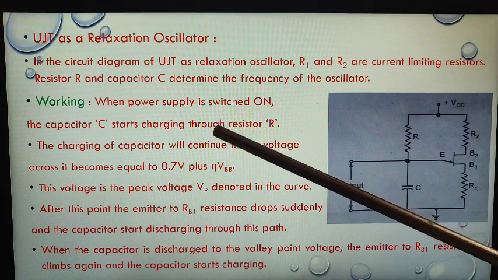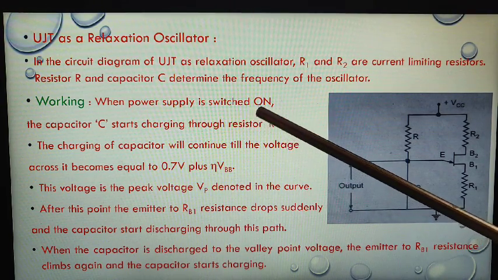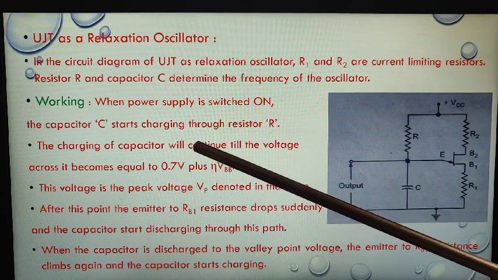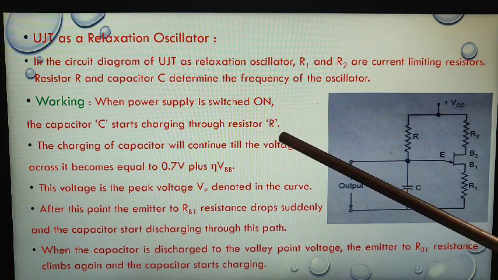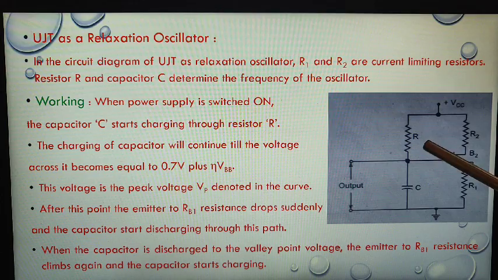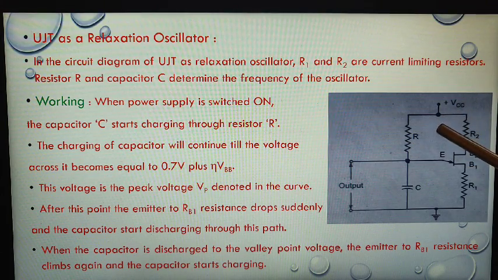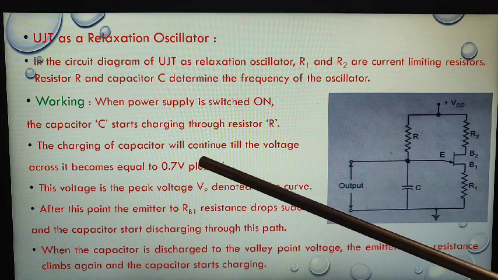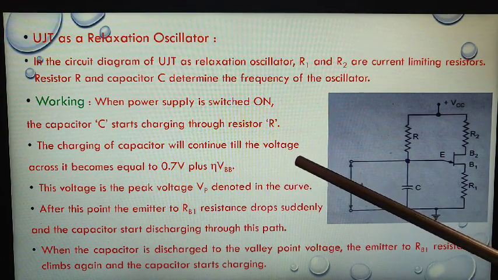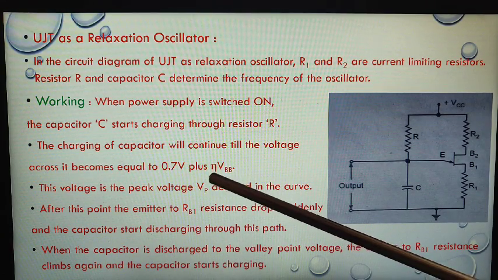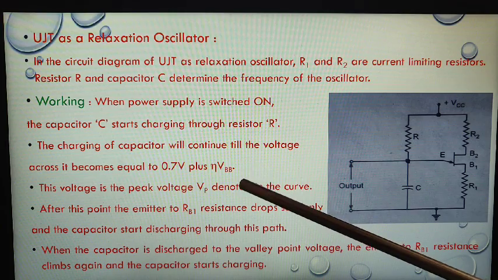Now we see the working. When the power supply is switched on, the capacitor C starts charging through resistor R. The charging of the capacitor will continue till the voltage across it becomes equal to 0.7 volt plus eta VBB.